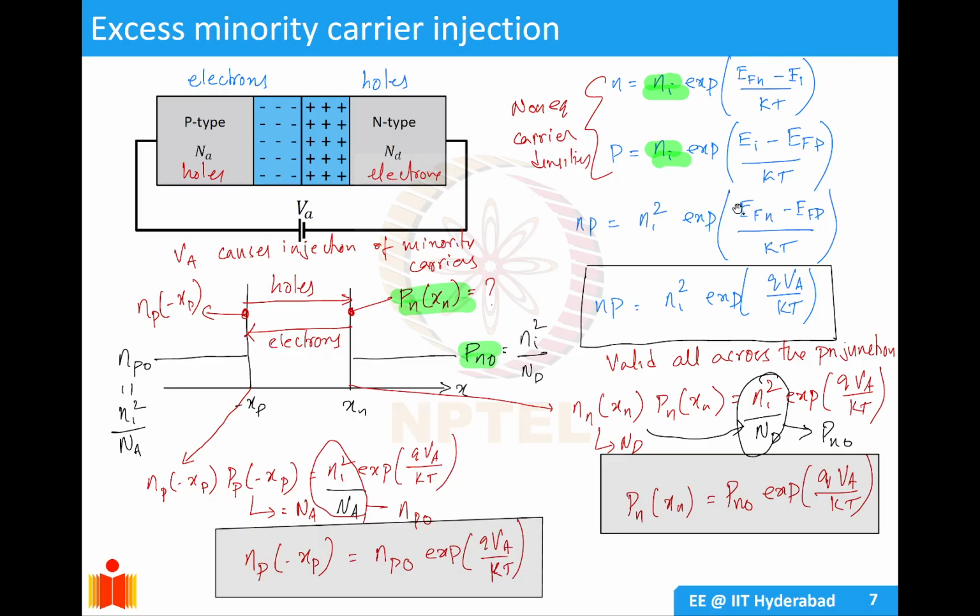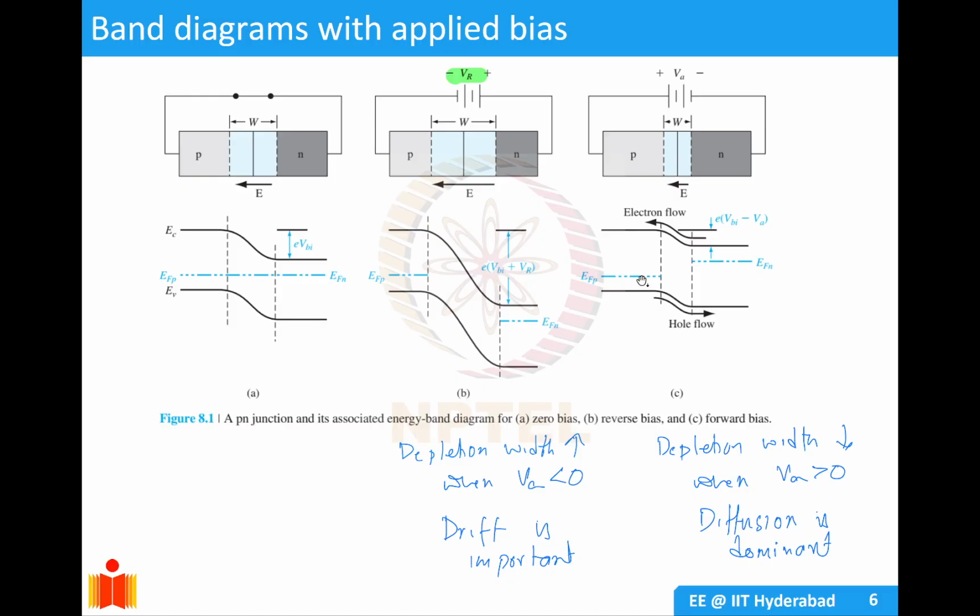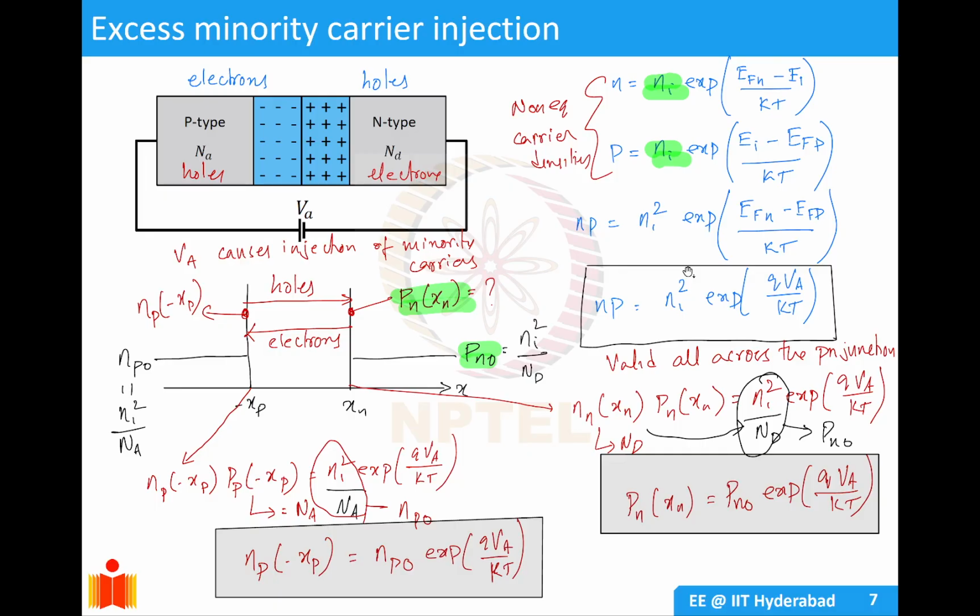We know from earlier that EFP minus EFN is our applied bias, so EFP minus EFN becomes qVA. So your np equals ni square exponential qVA by kT. This will be valid all across the PN junction.